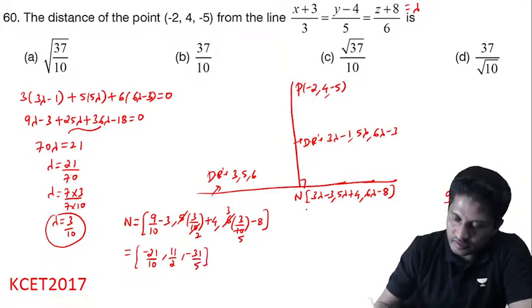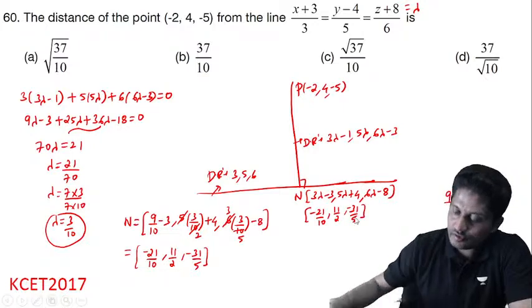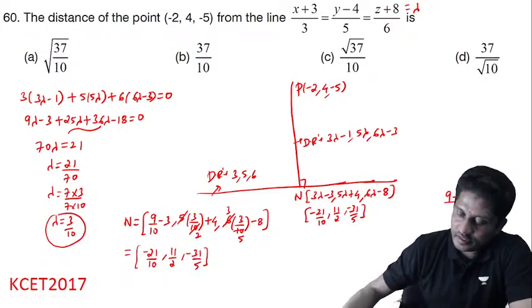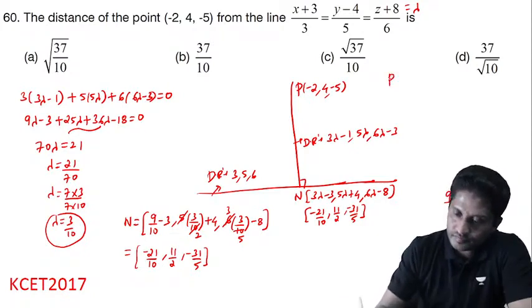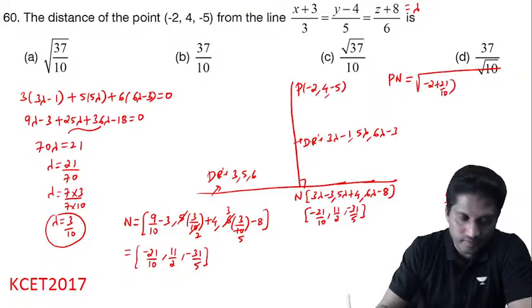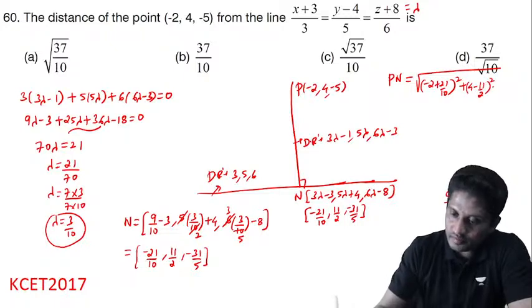Okay, now this point is minus 21 by 10, comma 11 by 2, minus 31 by 5. Now if I use the distance formula, d is equal to root of minus 2 minus and minus is plus 21 by 10 the whole square, and then you get 4 minus 11 by 2 the whole square, then minus 5 plus 31 by 5 the whole square.